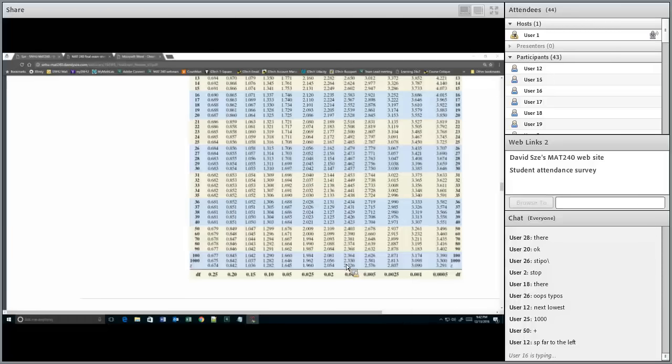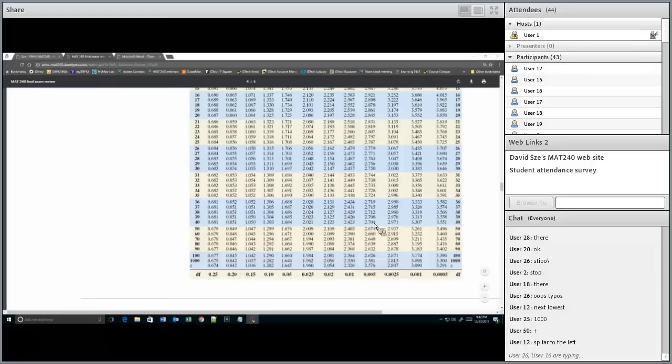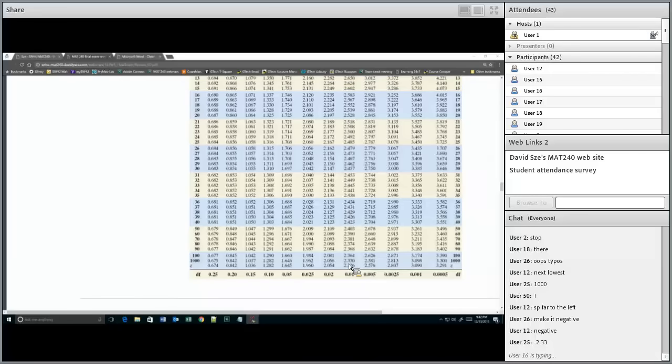The trick is that my tail is on the left side. It's not on the right side. These values are all given as positive values. So they're given as the values on the right tail. So we have to, in our minds, say that we have a left tail test. So I'm going to make this value negative automatically. So the answer will be negative 2.33.